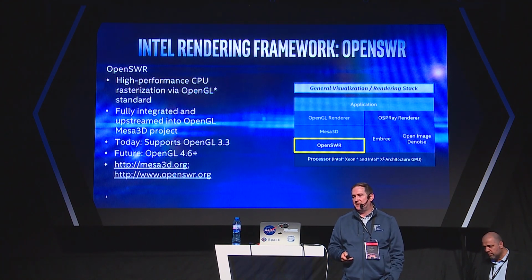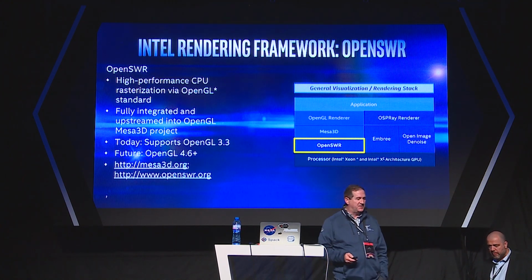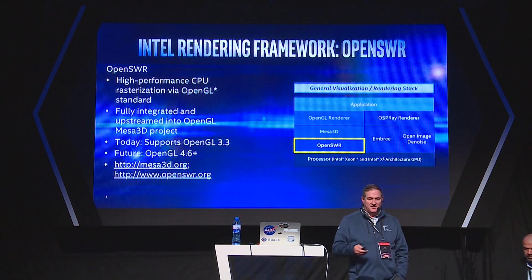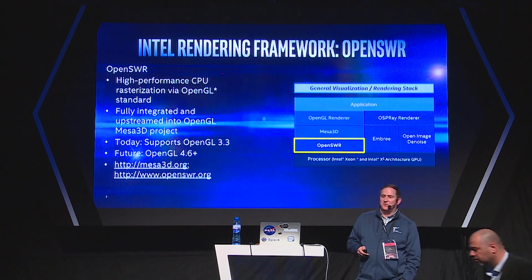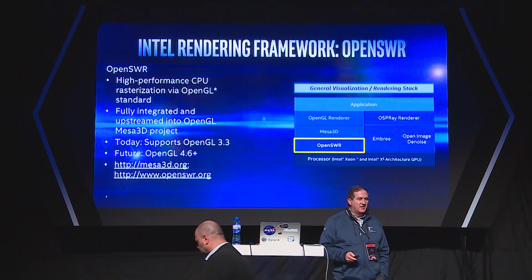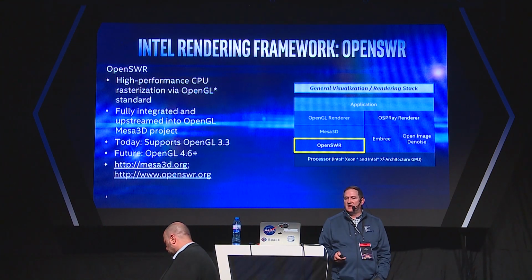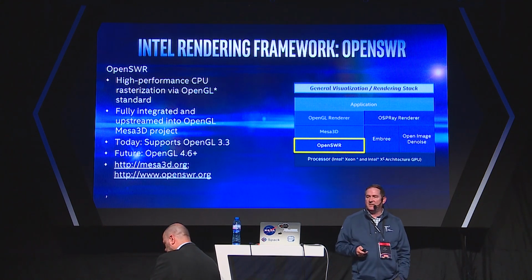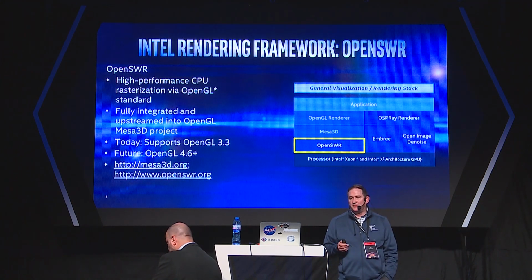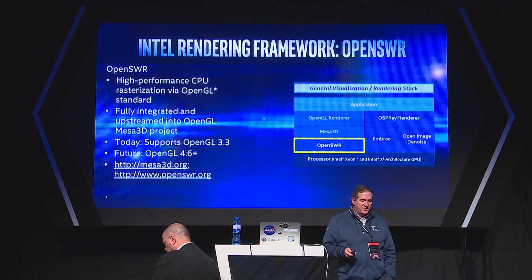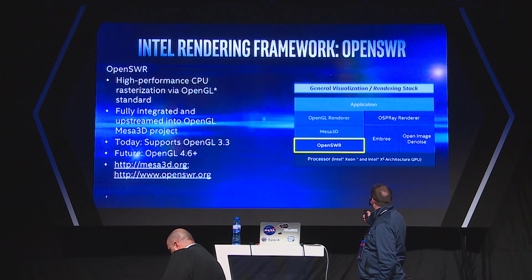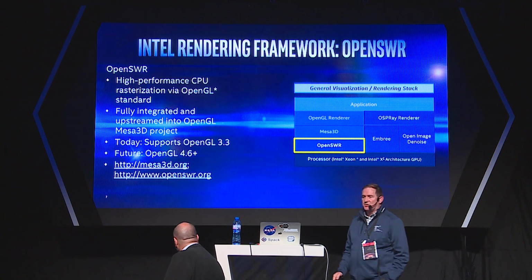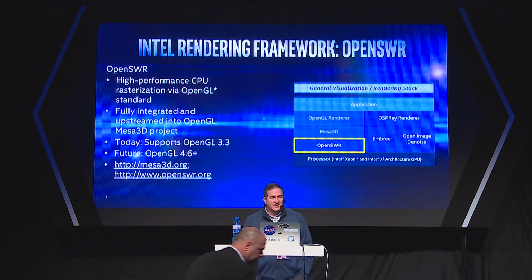It's upstreamed to the Mesa 3D project, which is known as the main CPU, it mixes in GPUs as well, but it's the open source full OpenGL stack. Today we've focused primarily on OpenGL, that scientific rendering stack that we have here, enabling this for key visualization apps like ParaView and VisIt.